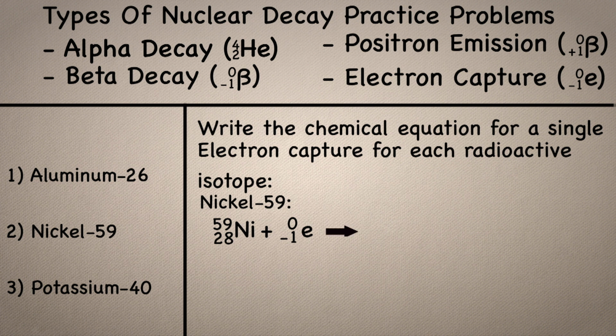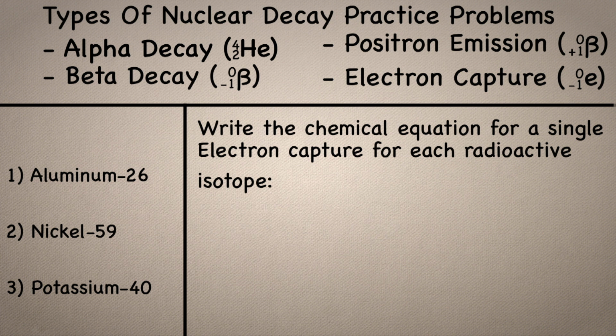If we do our math, you should have 59 atomic mass units as the top number, and then 28 minus 1 is 27. That's going to be cobalt, so 59, 27 cobalt. The equation should read 59, 28 nickel plus 0, -1e gives us 59, 27 cobalt.